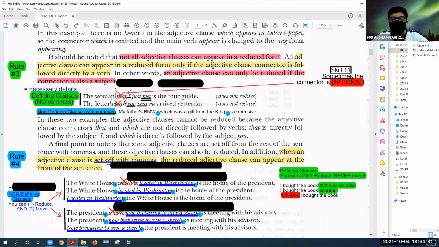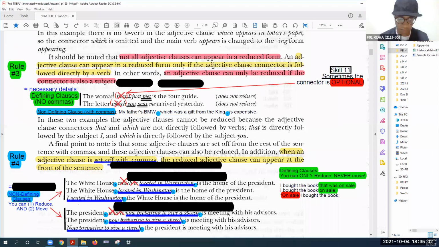We need this information to tell us exactly who the woman is, and exactly which letter, to make it clear. But in both of these cases, the connector is optional. If you're confused about that, you should go back and watch the YouTube video about skill 11.